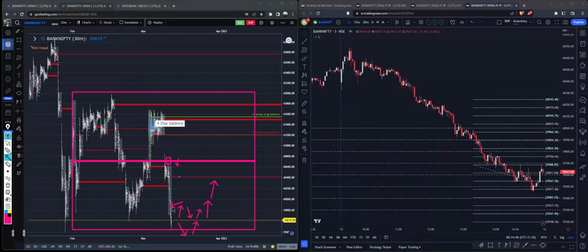The area of interest for me are these single print zones, because that's where I'll be seeing some responsive selling come in. But this is the bigger balance. This is the balance high, this is the balance low, and this is the mid of the balance. From the mid, this particular range is cleared, and I'll be looking at the pre-open data and then take the trades.